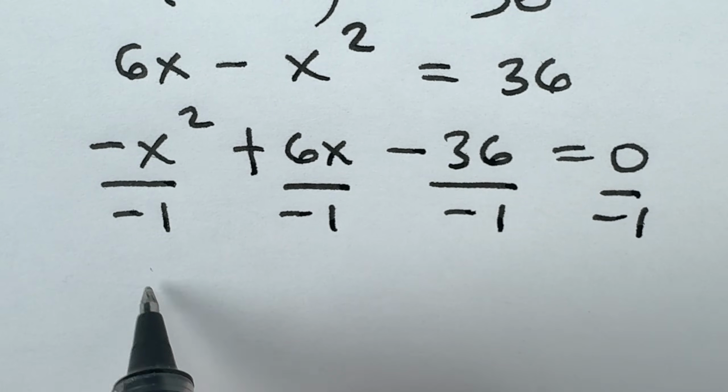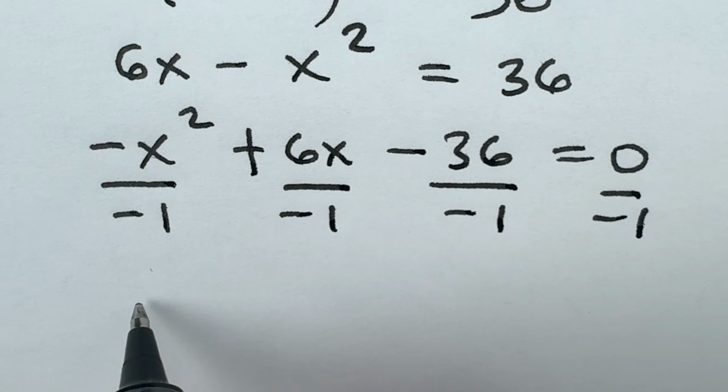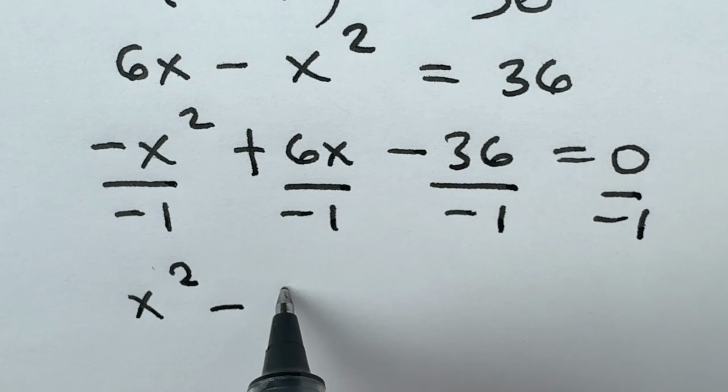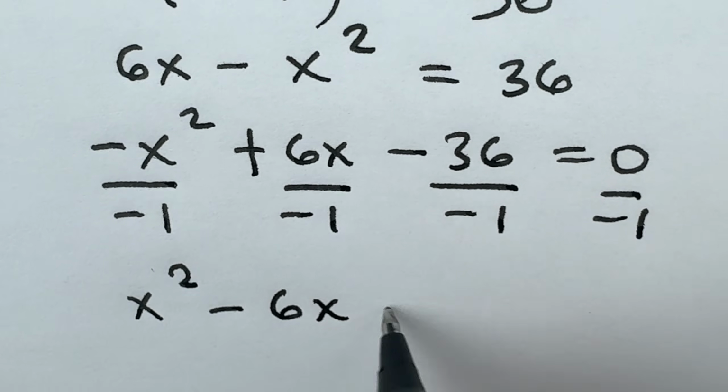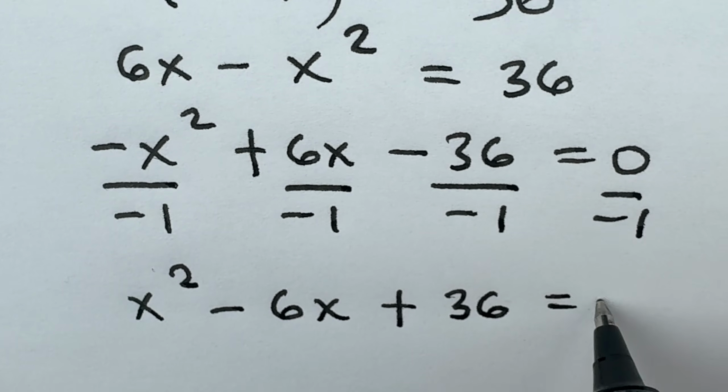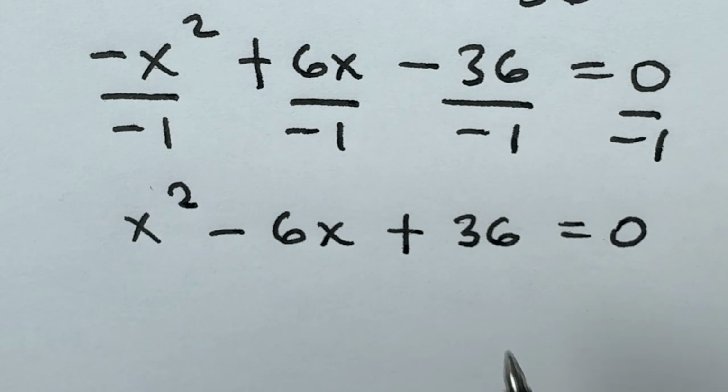So we have x squared, because this is now positive, minus 6x plus 36 is equal to 0. How do we solve for this quadratic equation?